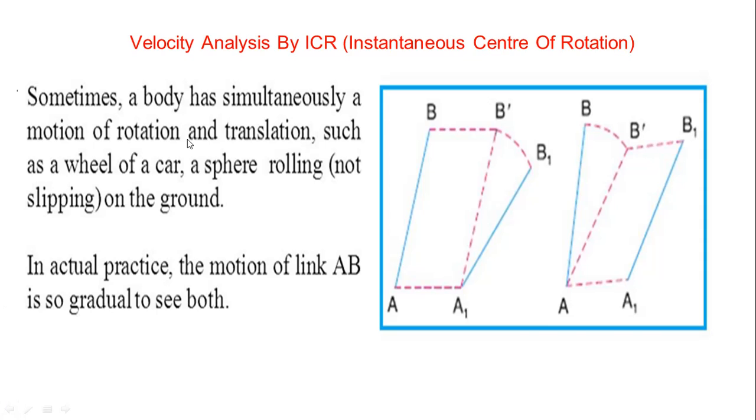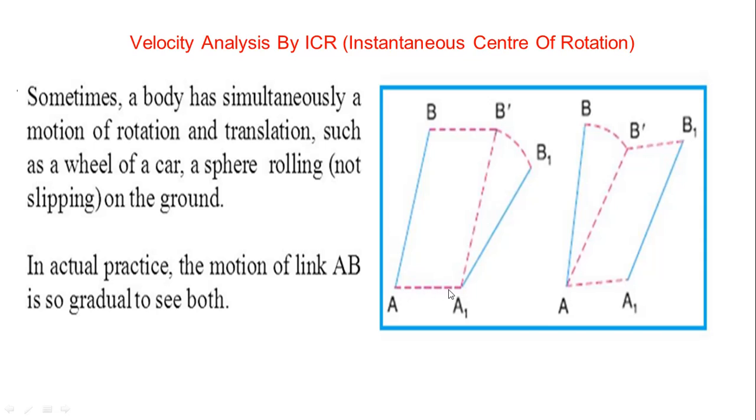For that, we are considering one of the bodies. That body AB is over there, and it is moving from the AB position to the A1 B1 position, or final position. When the body AB has moved from AB to A1 B1, it is moving in two parts.